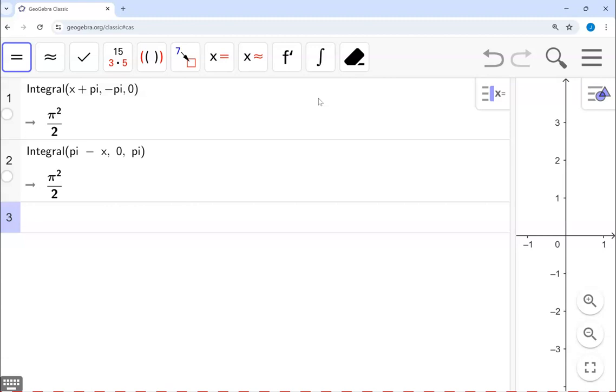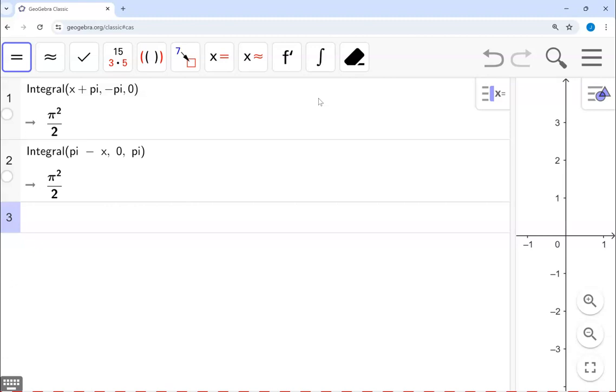So your A0 in this case will be pi squared over 2 pi, so we'll just get pi over 2. All right. Add those two together, we got pi squared, we divide it by 2 pi. We get pi over 2.